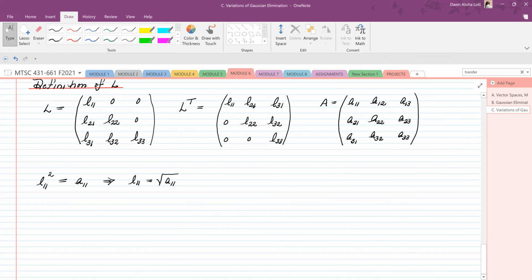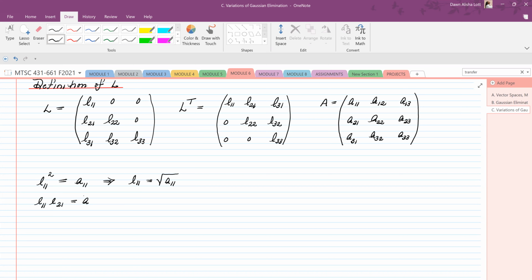Then we multiply the first column by the next row, and I did that wrong.